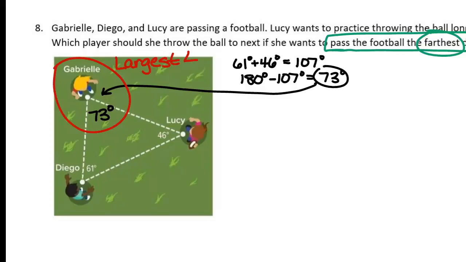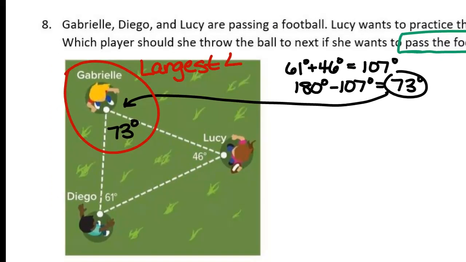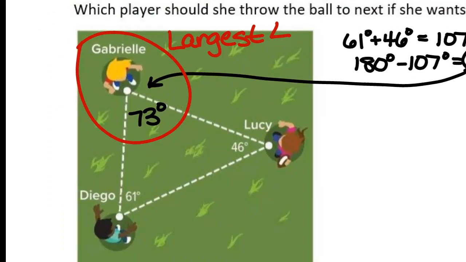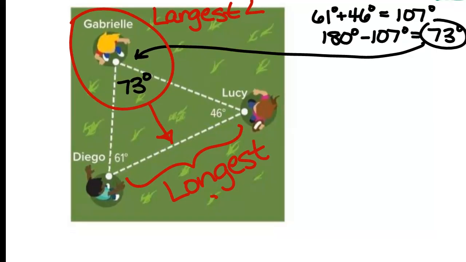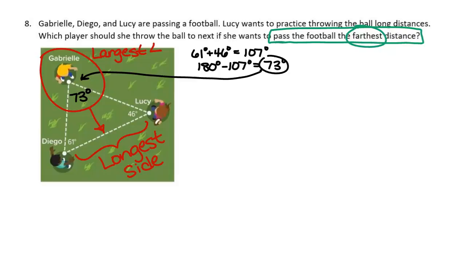So if the angle by Gabrielle is the largest, what side of the triangle would be the longest? Yes, in between Diego and Lucy. Here's the longest side. Lucy wants to throw her football the farthest. Should she throw the football to Diego or to Gabrielle?